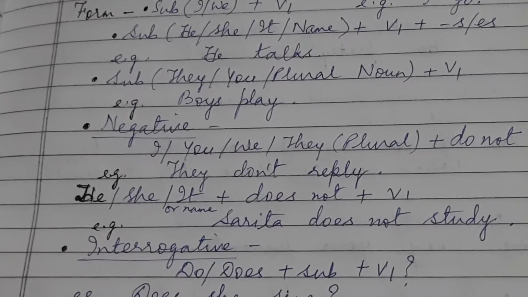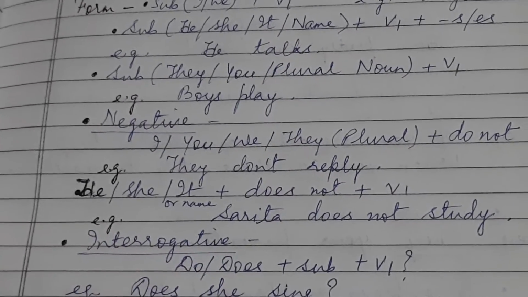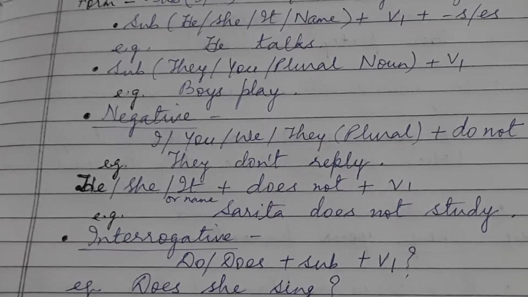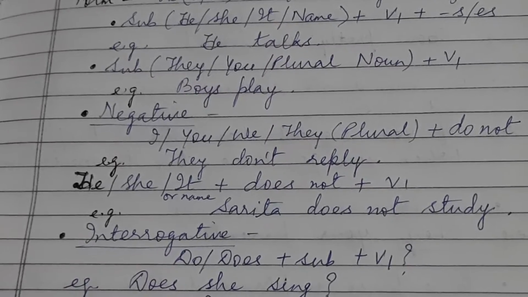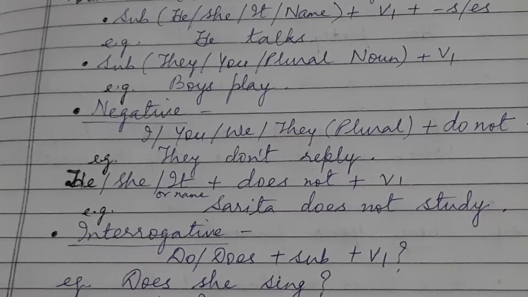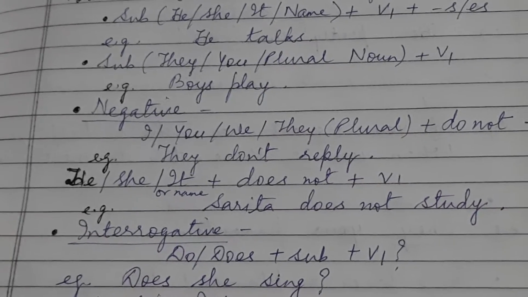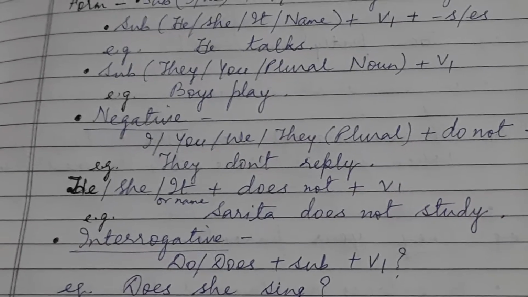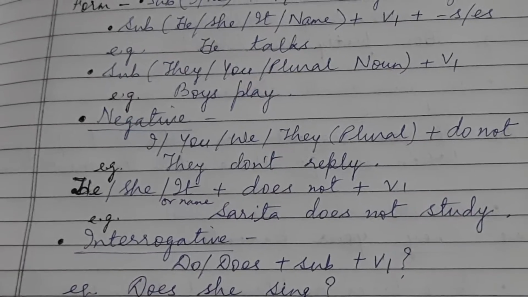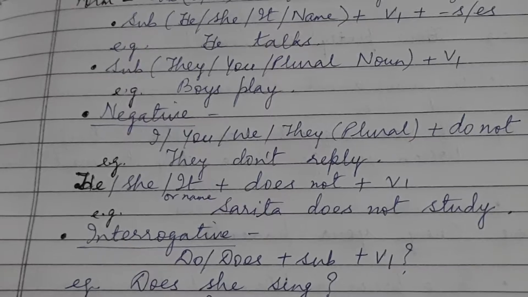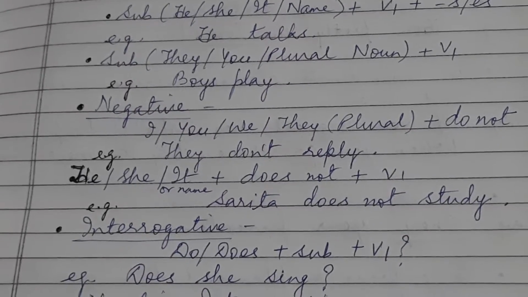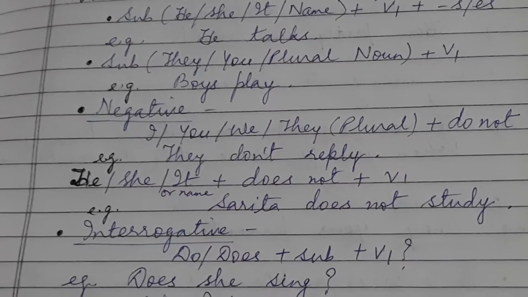Now our subjects can be plural number also, like they, or second person you, or any plural noun like girls, boys. Girl is singular, so the plural is girls. Boy is singular, so its plural is boys. So with these kinds of subjects also we use the first form of the verb in simple present tense.